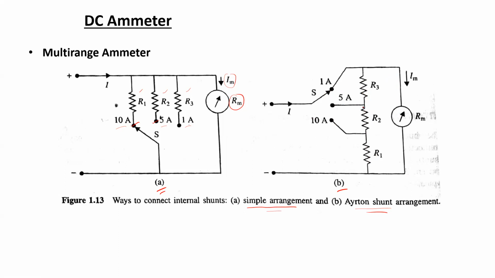Even if the switch location is changing, this scenario is not going to appear where the PMMC receives a high amount of current momentarily, for a small duration of time. So by using the second type of arrangement, the Ayrton shunt arrangement, better safety can be ensured for the PMMC coil.